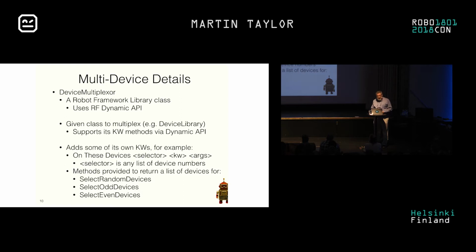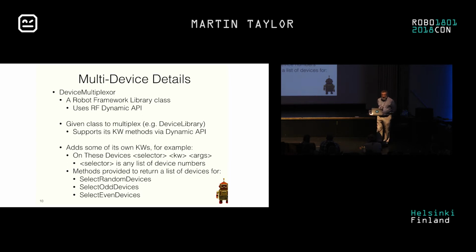That device library is also supporting keywords via a dynamic API. So you've basically got one dynamic API looking at another library and reflecting its keyword methods back up to Robot Framework. And then the multiplexer also adds some of its own keywords.